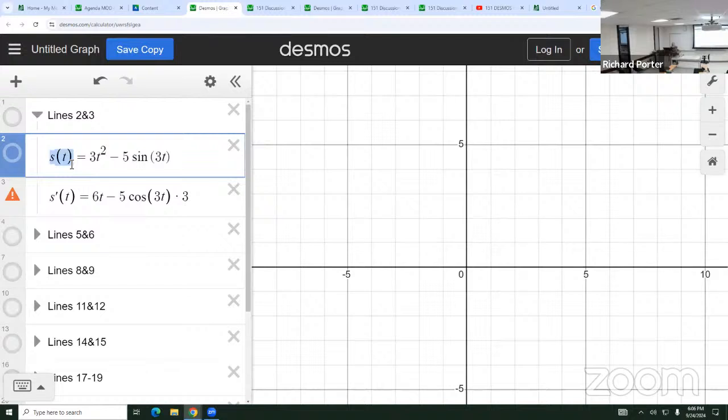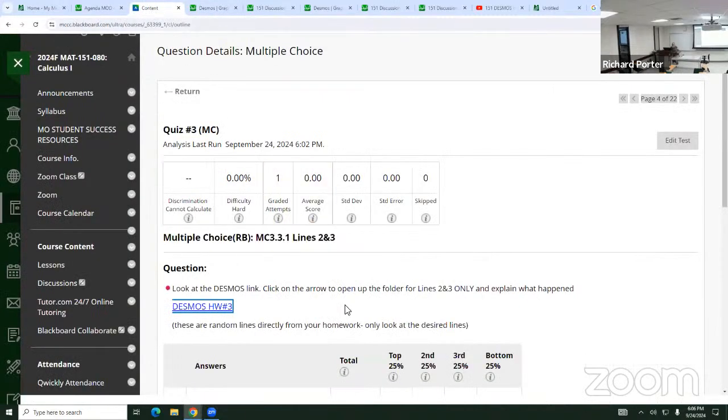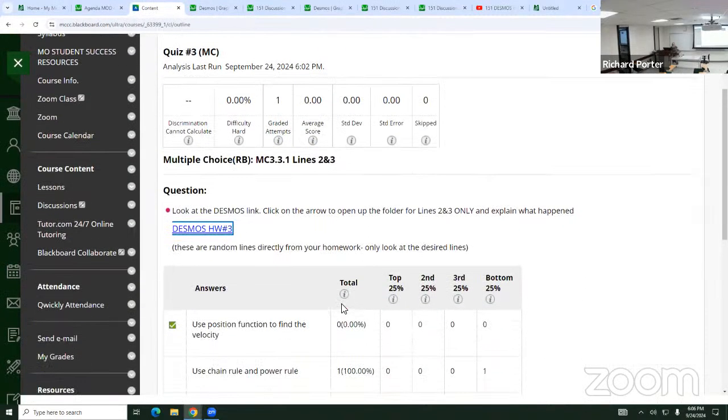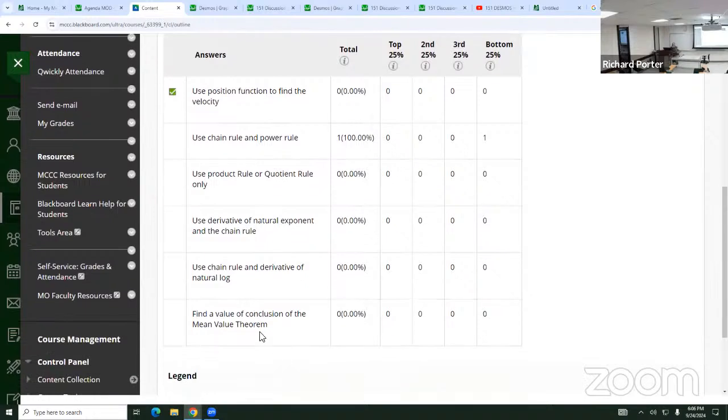S of t is not like f of x, it means something. So let's see what we got here as possible answers. You won't see any that say there's a derivative of, so the chain rule and the power rule. Well, that was certainly used.